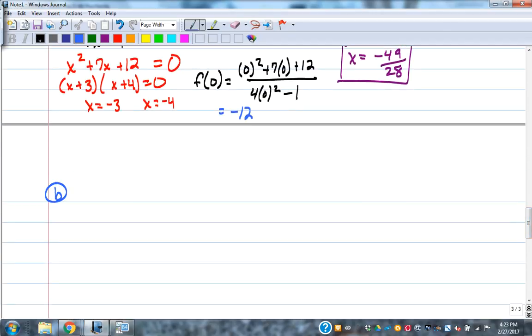Example B. Let's call it g of x is equal to x squared plus 7x plus 10 over x cubed minus 25x.